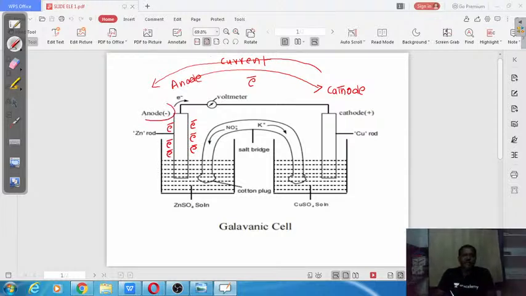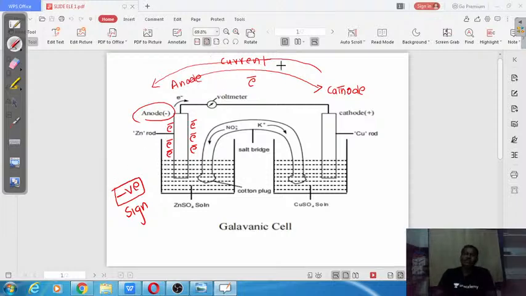Due to accumulation of negative charges at the zinc electrode, it acquires a negative charge.